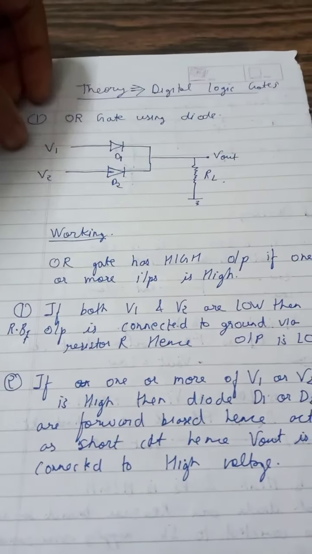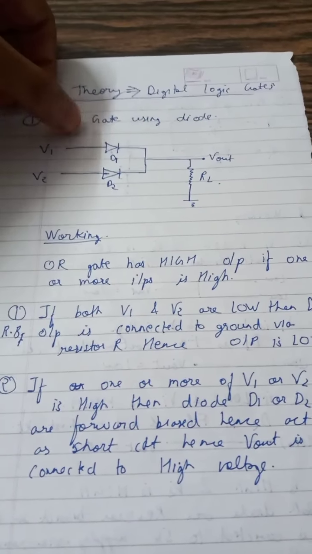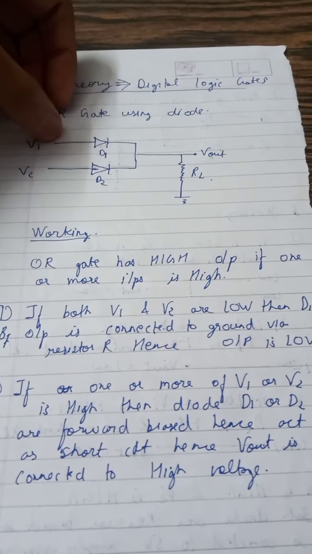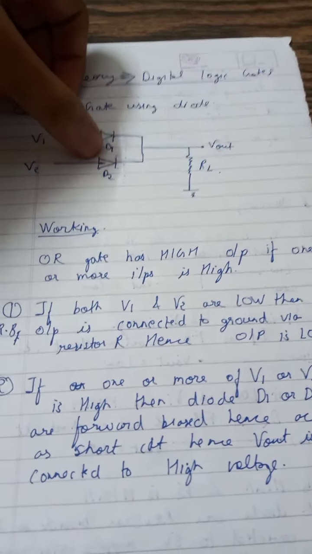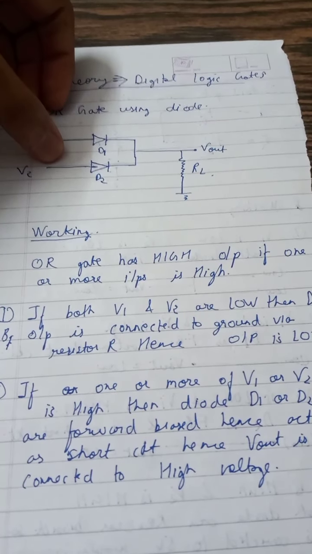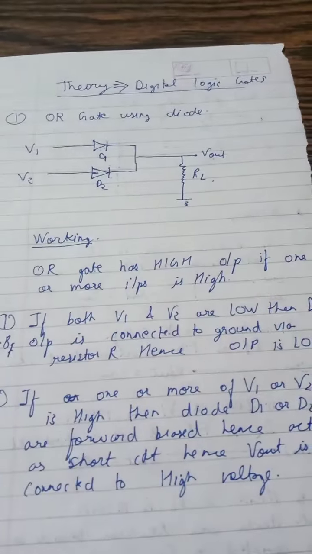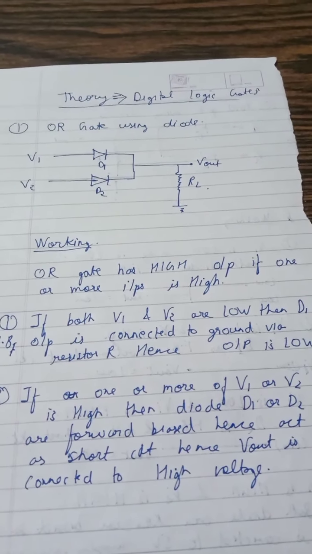So if V1 and V2 both are low, then the P terminal of this diode is connected to low, and P terminal of this diode is also connected to low. So the P terminals of both the diodes are connected to low if both V1 and V2 are low.